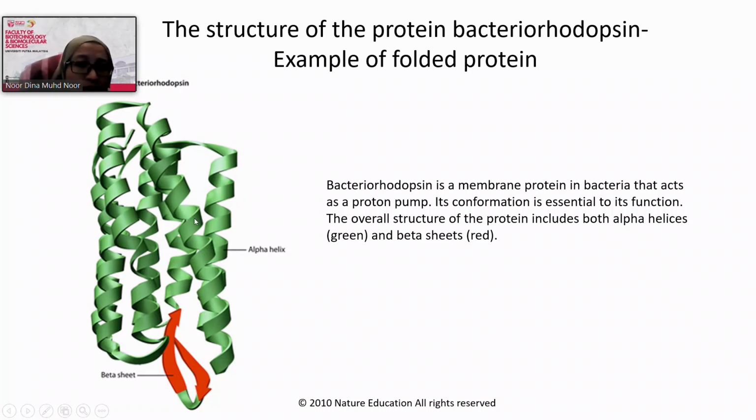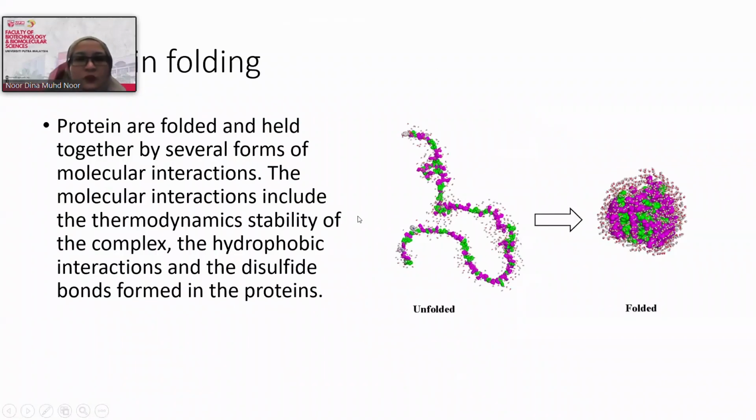As you may see, we have so many alpha helices: 1, 2, 3, 4, 5, 6. So it consists of 6 alpha helices, and it also has the beta sheet in red like this, and even the coil. So this is the 3D structure of the functional protein bacteriorhodopsin.